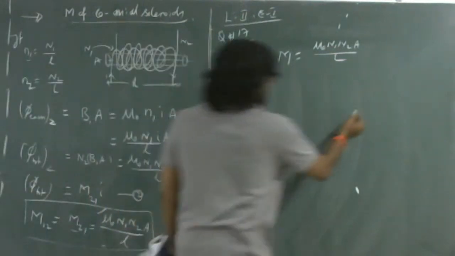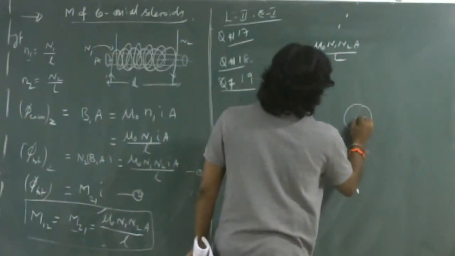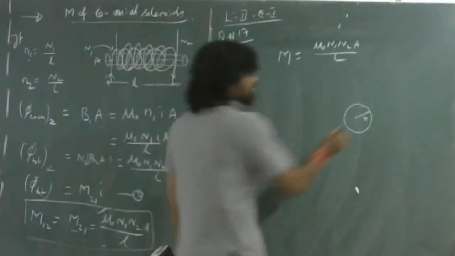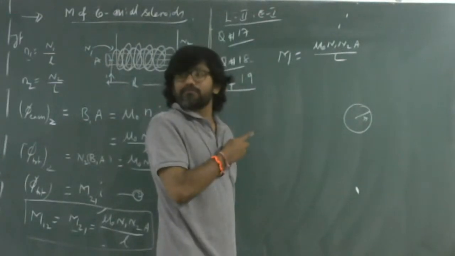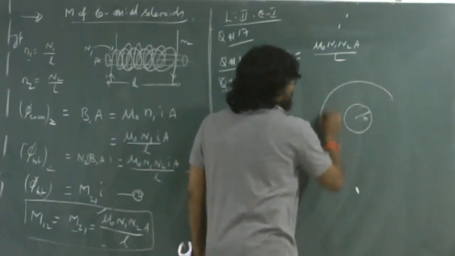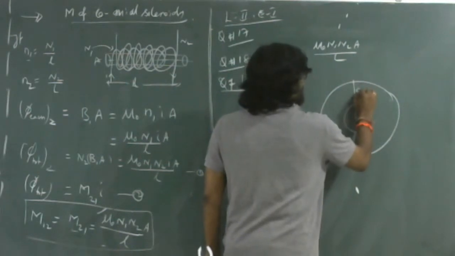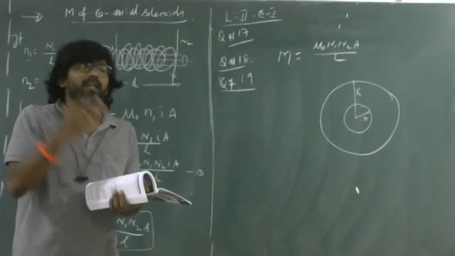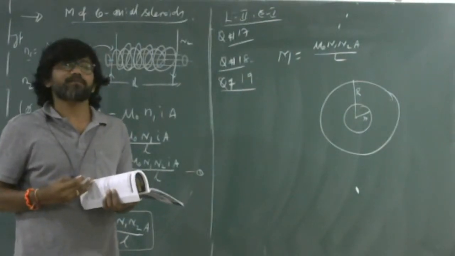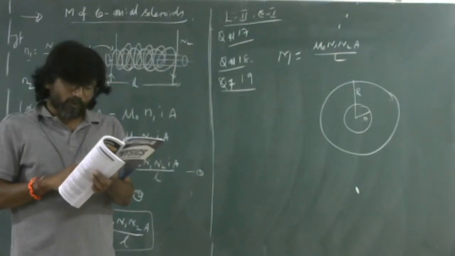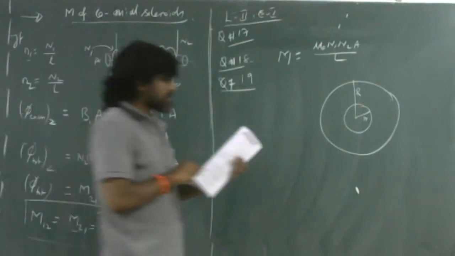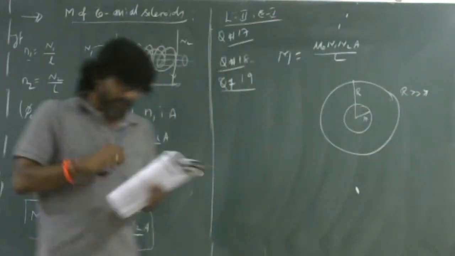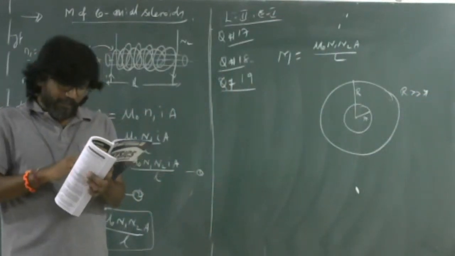You can consider this like this: there is a small coil with a radius small r, and another larger coil of radius capital R, and both are placed in the same plane. They are coplanar. Capital R is much greater than small r, or small r is much less than capital R.